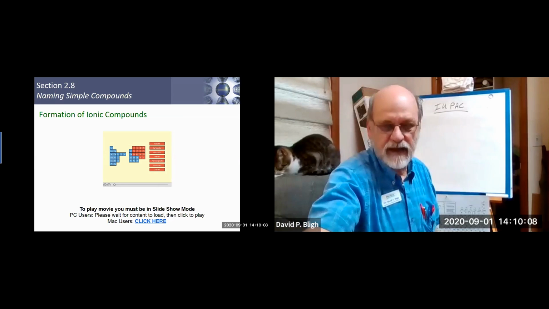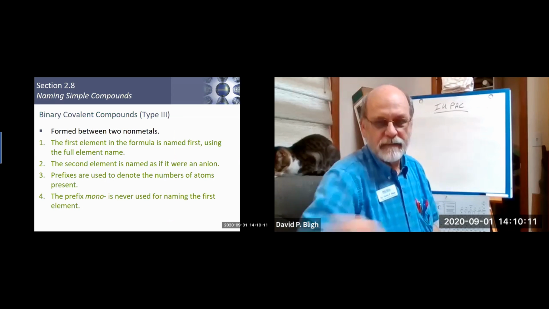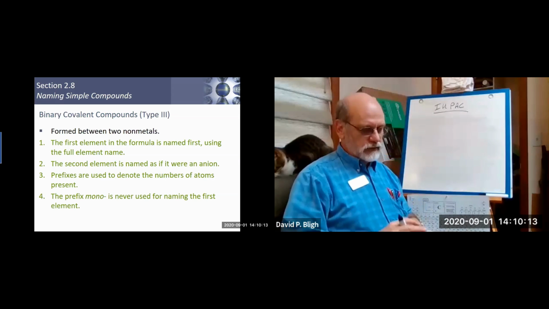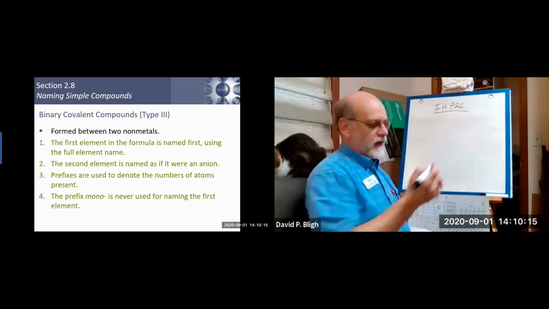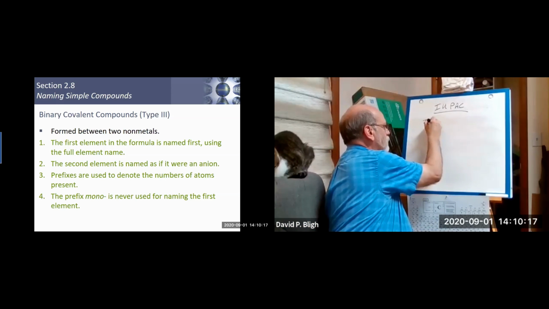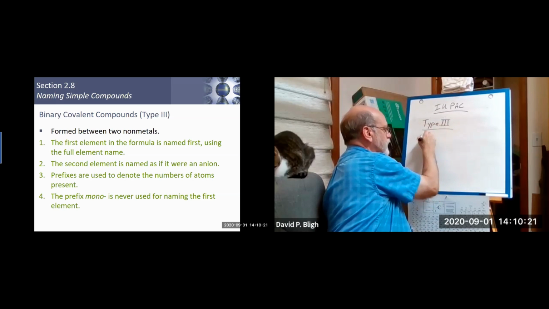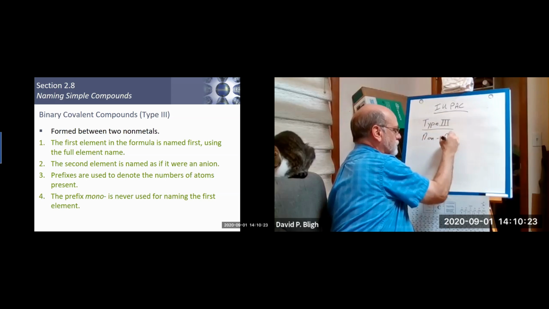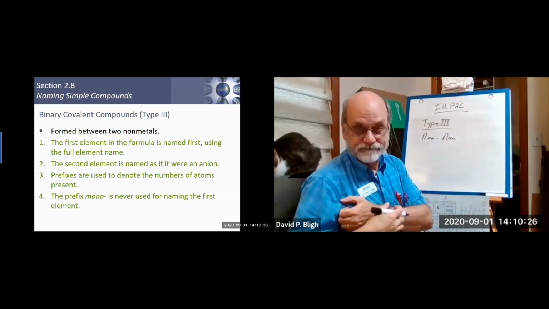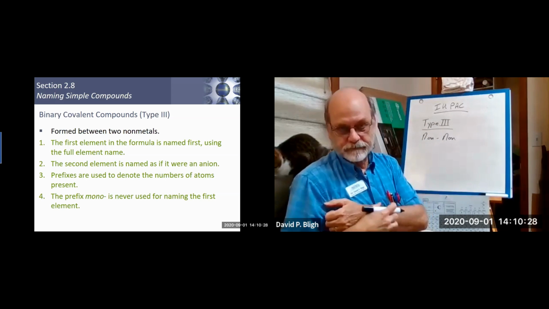All right. Let's see. Now, type 3 compounds. Type 3 compounds are composed of nonmetal and nonmetal. Okay, 2 nonmetals.